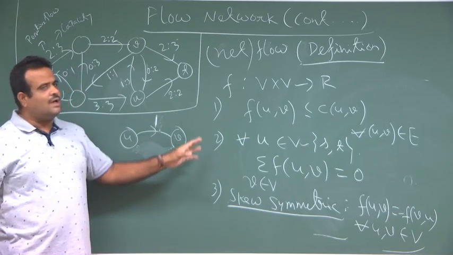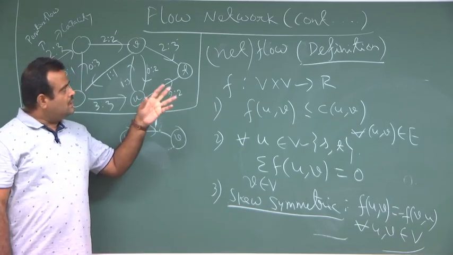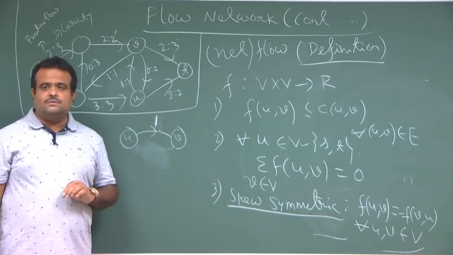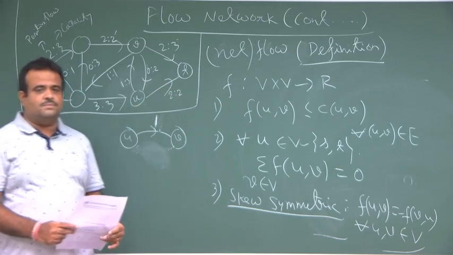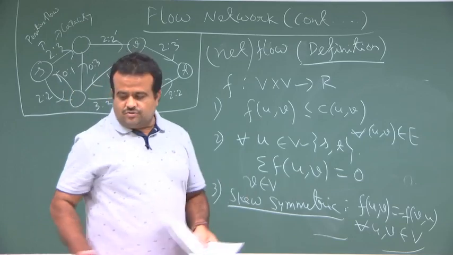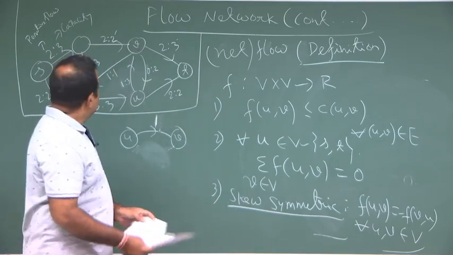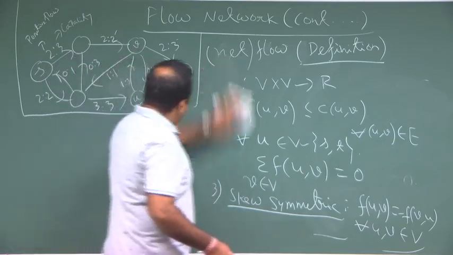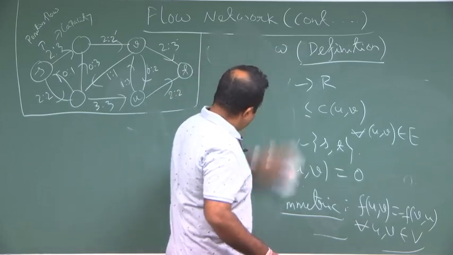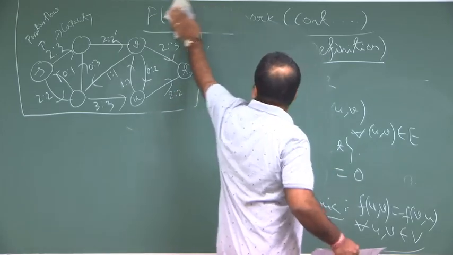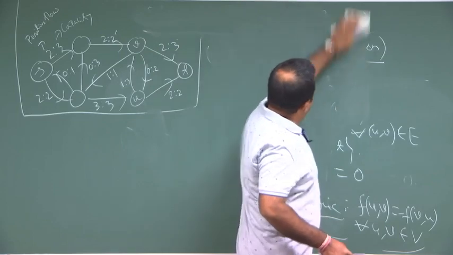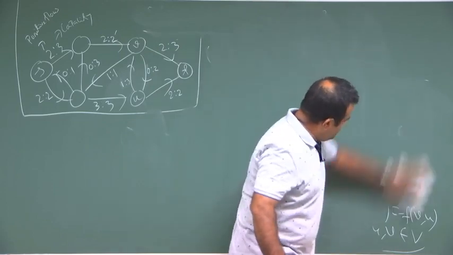Now, this is the definition of the net flow, and we already have a definition of the positive flow. Now, we will see these two definitions are equivalent. So, how to get that? We want to see that the two definitions, positive flow and net flow, are equivalent.